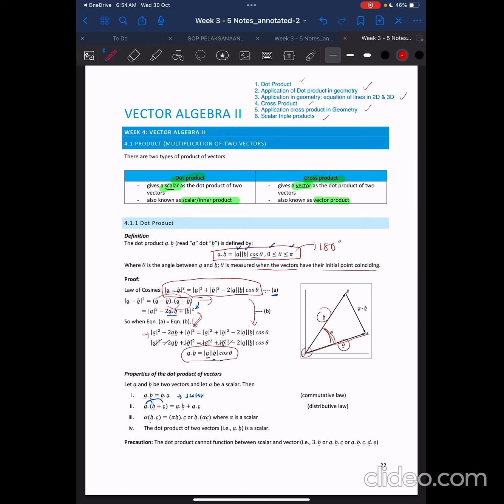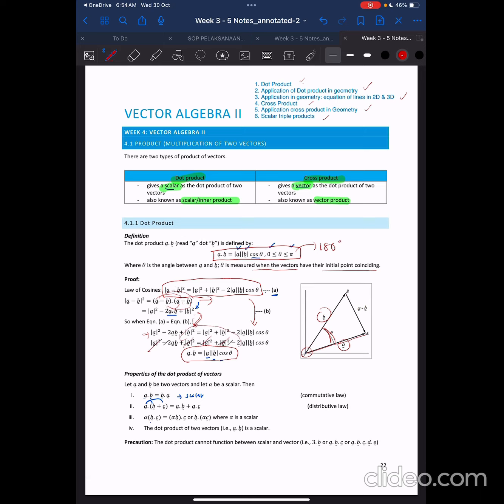When we rearrange, we will see that a squared and a squared can be subtracted and removed, and b squared also will be removed.